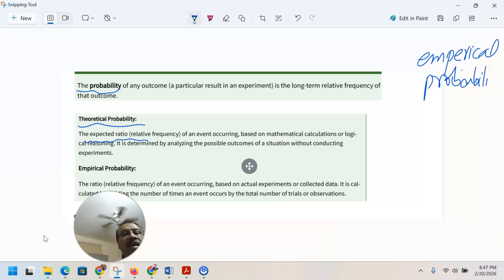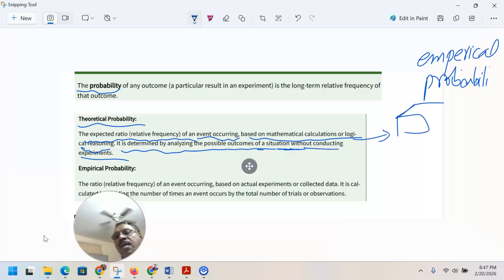The expected ratio of an event occurring based on mathematical calculation or logical reasoning. It is determined by analyzing possible outcomes of a situation without conducting it. This is without conducting. Remember when you roll the die, we use our common sense, saying mathematically the sample space is 1, 2, 3, 4, 5, 6.